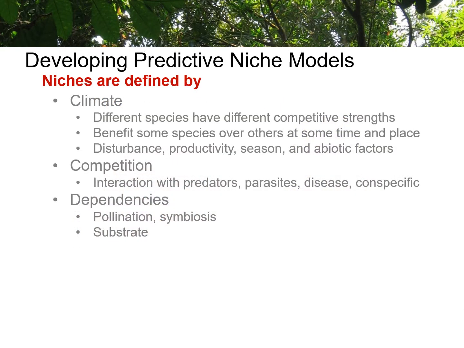The niche that a particular species occupies is defined by a number of factors. Climate is an important one. Different species have different competitive strengths, at least at some times and places. But competition, interactions with predators, parasites, diseases, and conspecifics, and dependencies on other species, such as is the case in pollination systems or symbiotic relationships, or on physical features like substrate, are also important for characterizing a niche.